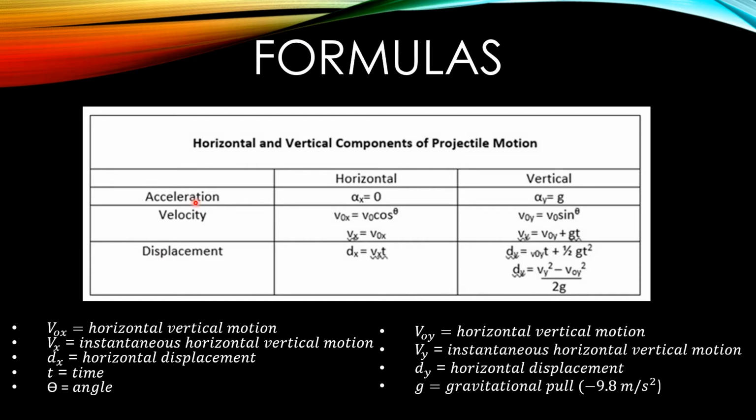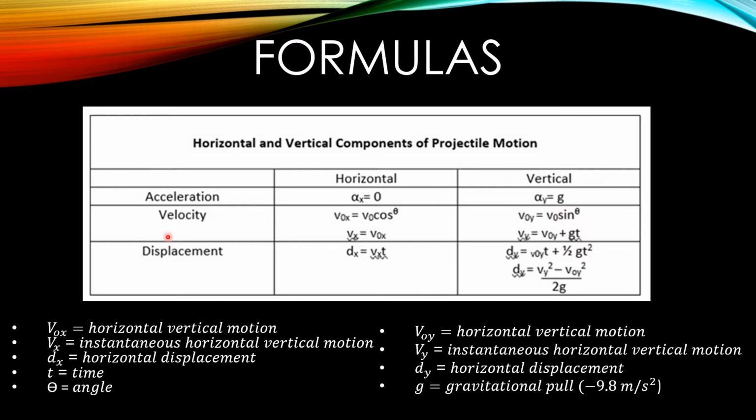For the acceleration of the horizontal component, the horizontal acceleration is equal to 0, since the horizontal velocity of the projectile is constant. On the other hand, the vertical acceleration of the projectile is equal to the gravitational pull, because one of the major factors which affect the projectile is the gravity of the Earth.